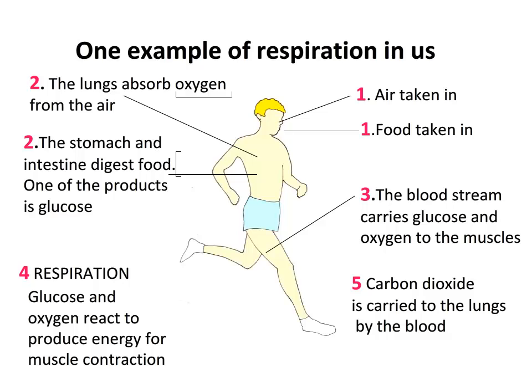Number 4, glucose and the oxygen react to produce energy for the muscles to contract. Number 5, carbon dioxide, which is a byproduct of respiration, is carried to the lungs by the blood. What you see here is how the respiratory system, digestive system, circulatory system, muscular system and the skeletal system are all working together.